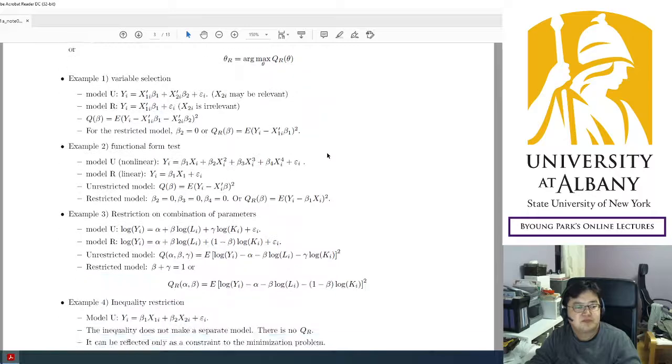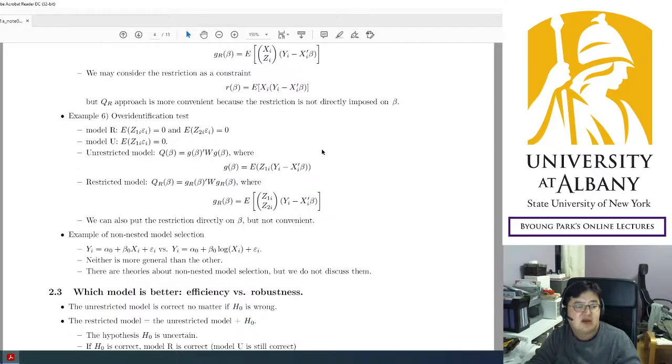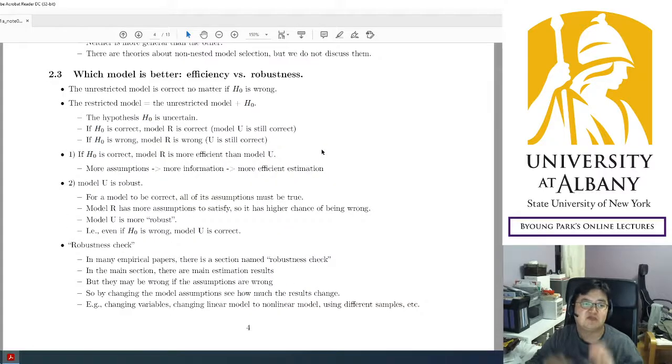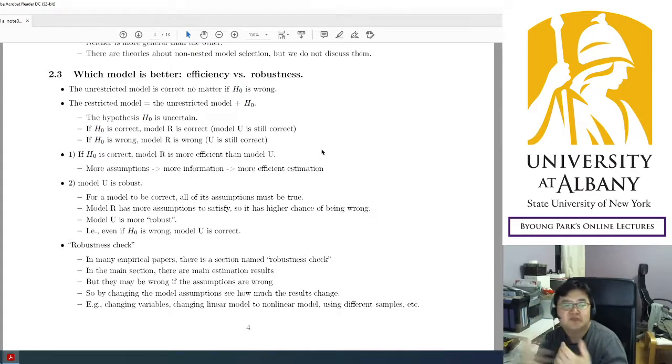And then I connected the nesting relationship to comparison between efficiency and robustness. So robustness is also very important in your empirical work. So think about this problem.